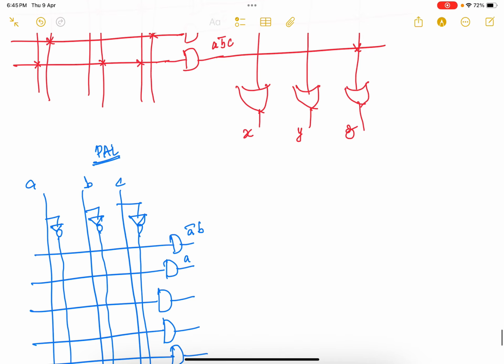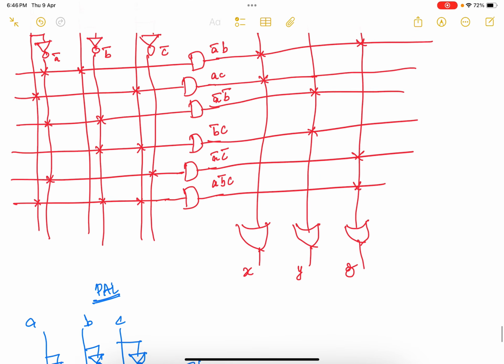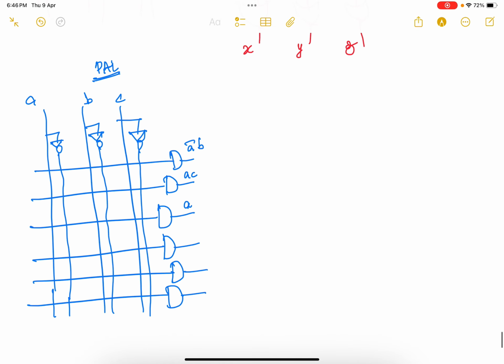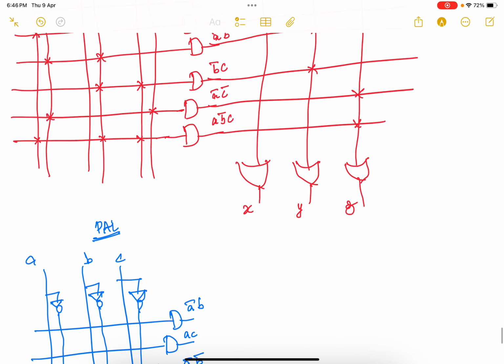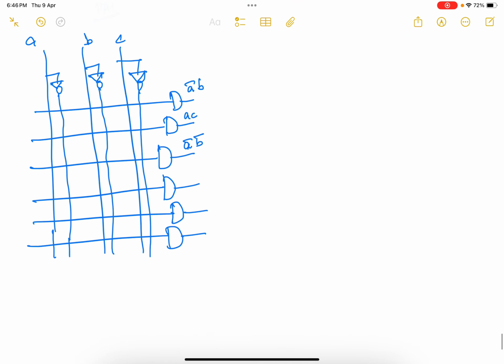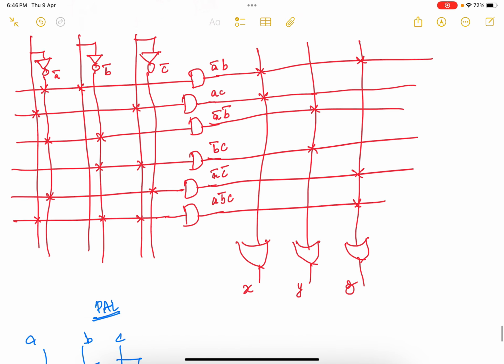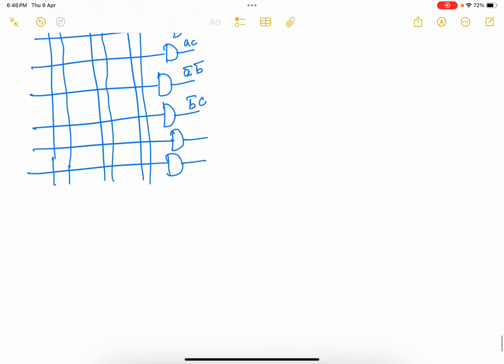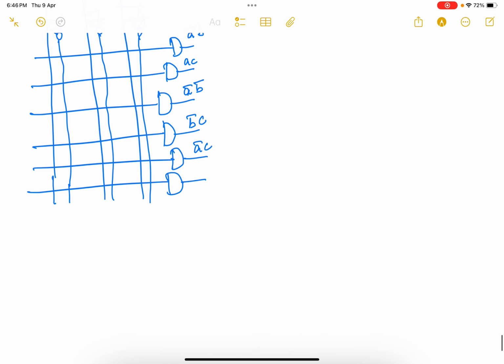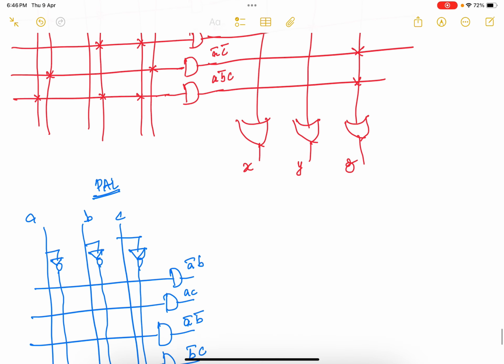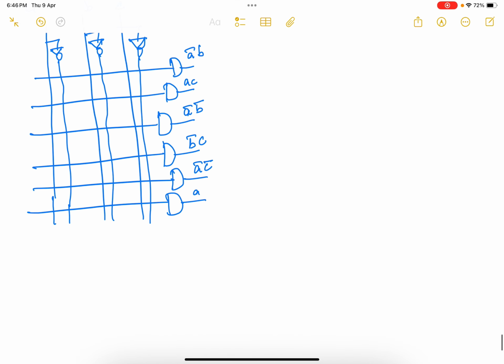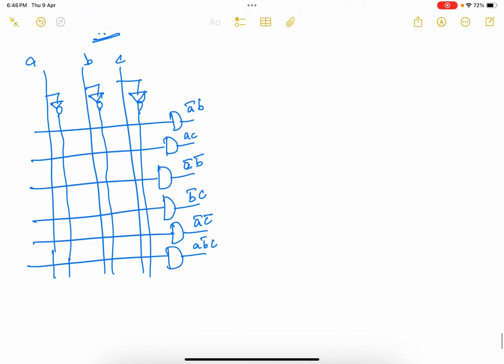The next is AC, A bar B bar. Next one is B bar C. Next one is A bar C bar, and finally A B bar C. So you connect as such. This is your A bar, this is your B bar, this is your C bar.